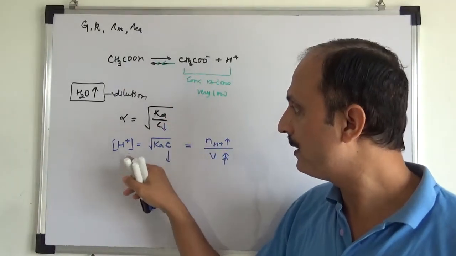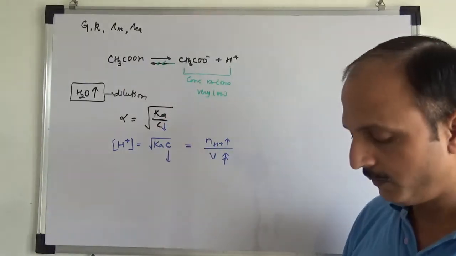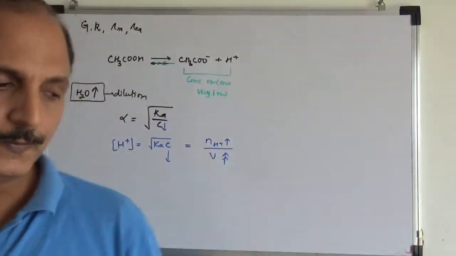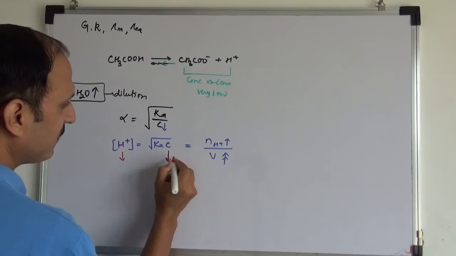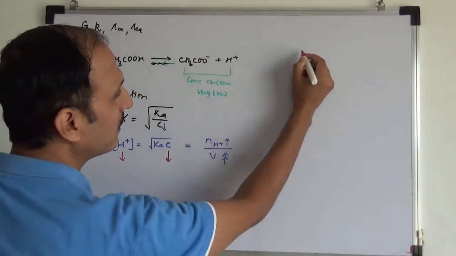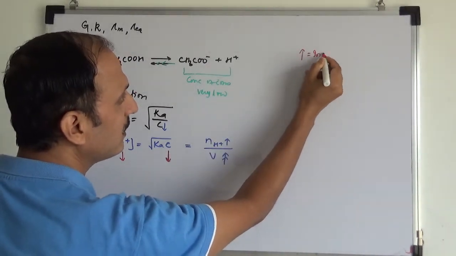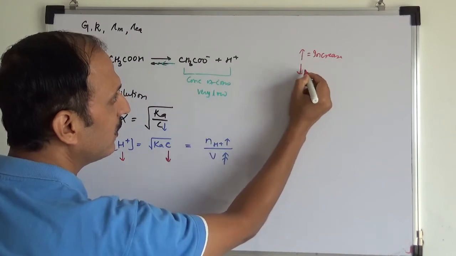We can see this from the equation also. So here the H plus concentration is going to decrease. This sign is for decrease, this is for increase. I hope everyone is understanding.